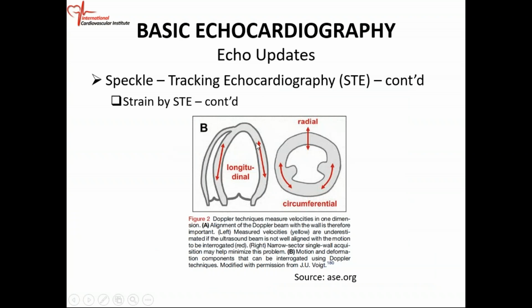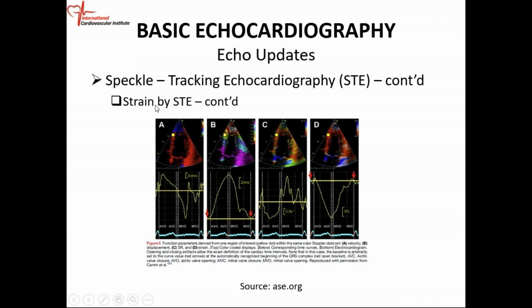We talk about longitudinal strain, the heart contracts from the base to the apex. We talk about radial strain, where it thickens, and then the circumferential strain, where everything goes inwards. Okay, so these are the different deformation curves.